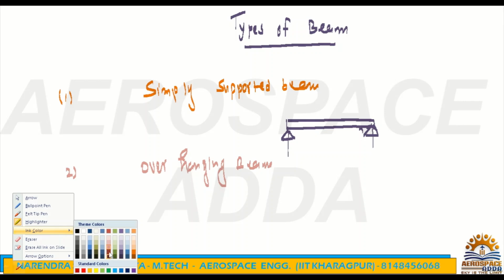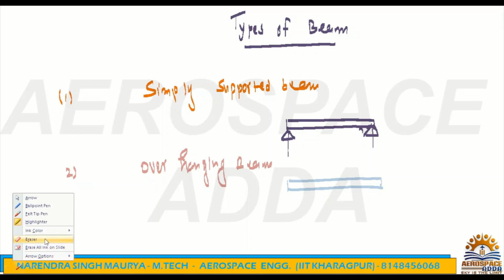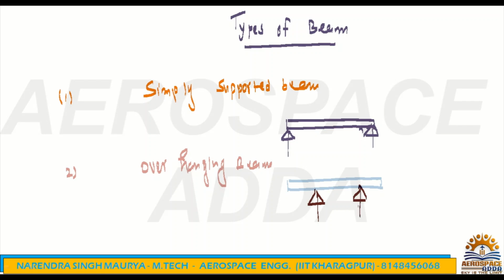Suppose this is the beam, and your support is somewhere there, but it is not exactly at the end. You have given the support to the beam somewhere, but it's not exactly at the end. So this is called overhanging beam.